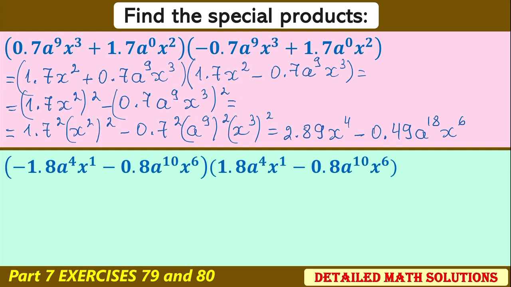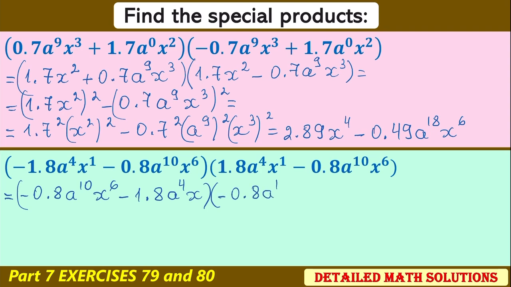Similar to this exercise, I'm going to switch the places of the two terms within each parenthesis for the next exercise and write it as (minus 0.8 a to the 10th power x to the 6th power minus 1.8 a to the 4th power x) multiplied by (minus 0.8 a to the 10th power x to the 6th power plus 1.8 a to the 4th power x).